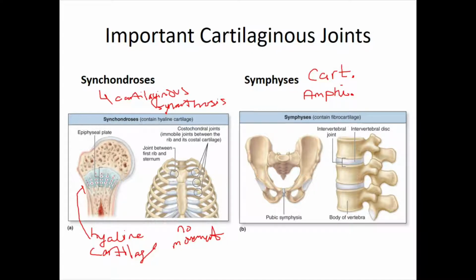So the pubic symphysis, this is fibrocartilage here, between the os coxae, each one of these is called an os coxa, so os coxae in plural. And between your vertebrae, so at the intervertebral disc, which is fibrocartilage. So again, with the symphysis, we're all fibrocartilage. And synchondroses were hyaline cartilage.